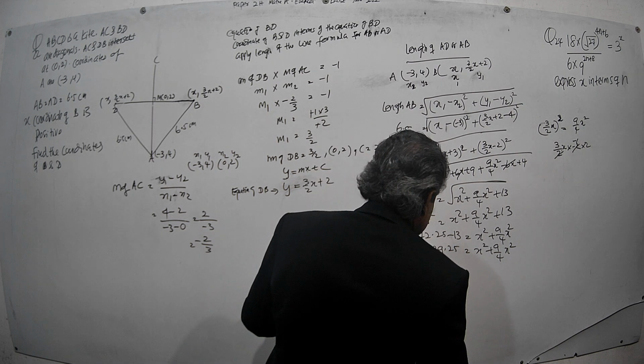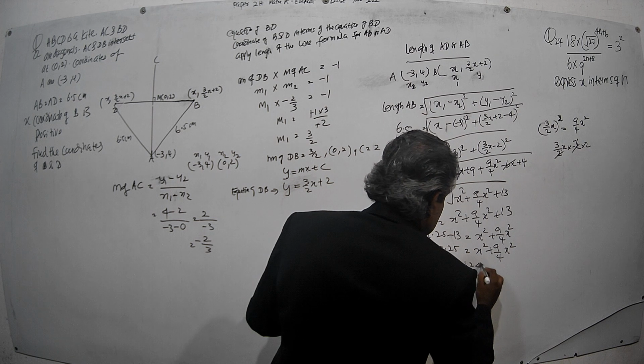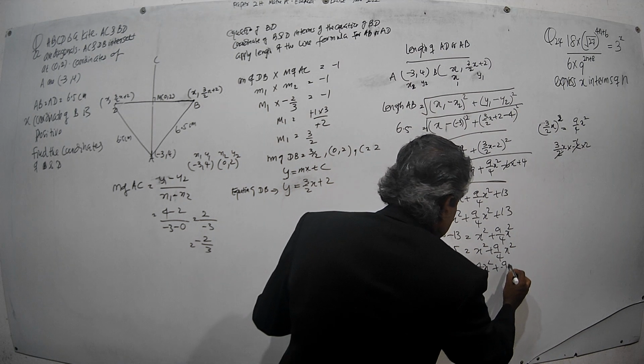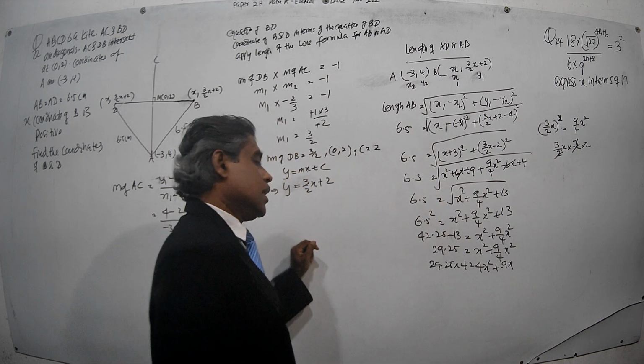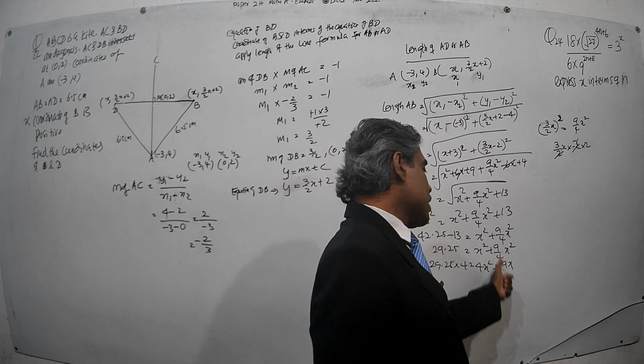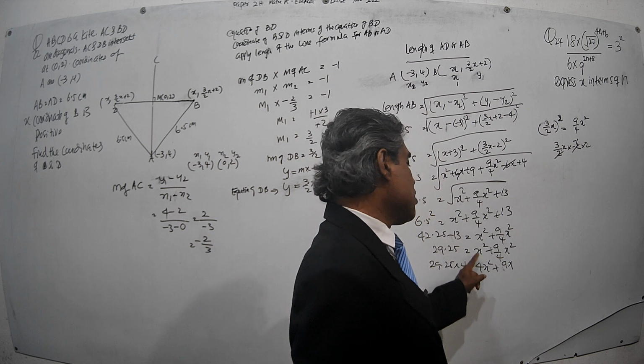Then 29.25 into 4 equals 4x squared plus 9x squared, because after multiplying by 4, this 4 gets cancelled. This one multiplied by 4 is 4x squared.